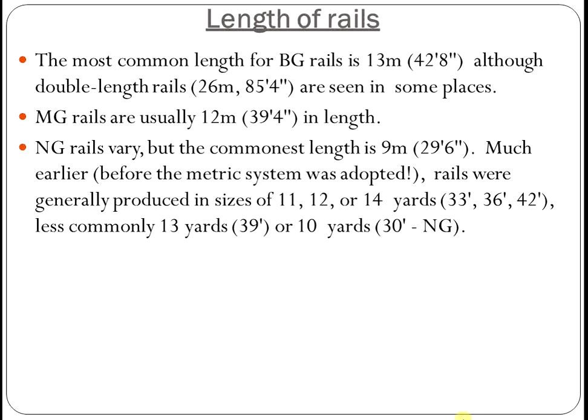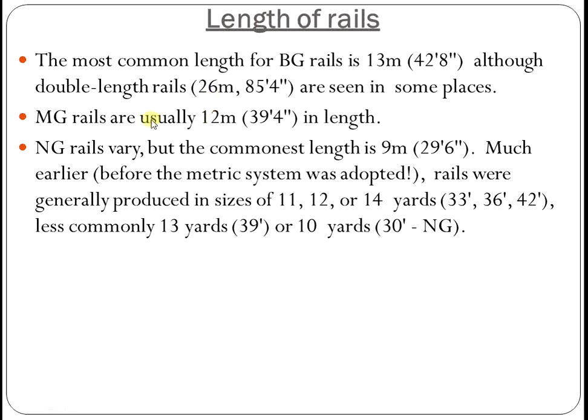Depending on the requirement of the situation, we have to use various lengths of rails. For broad gauge we have to use 30 meter, or in single or double length we use 26 meter.